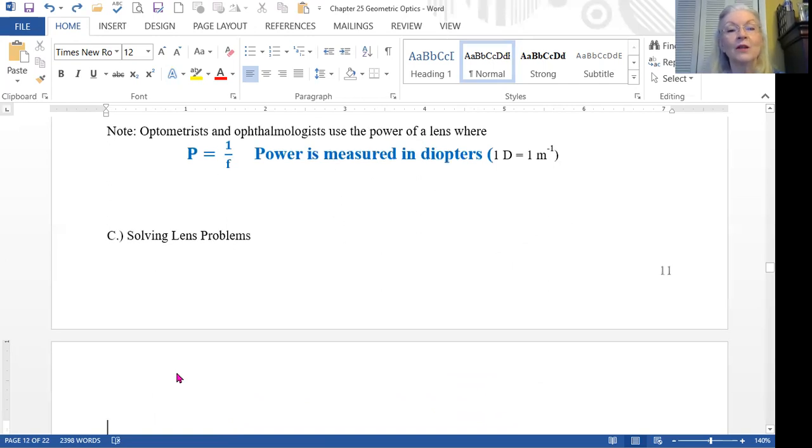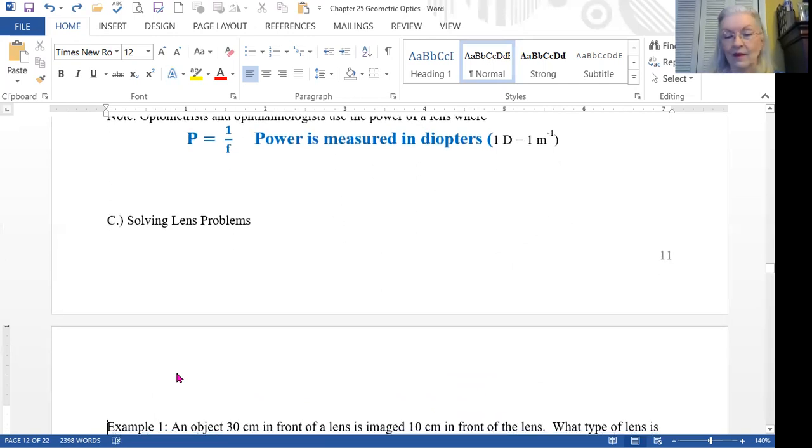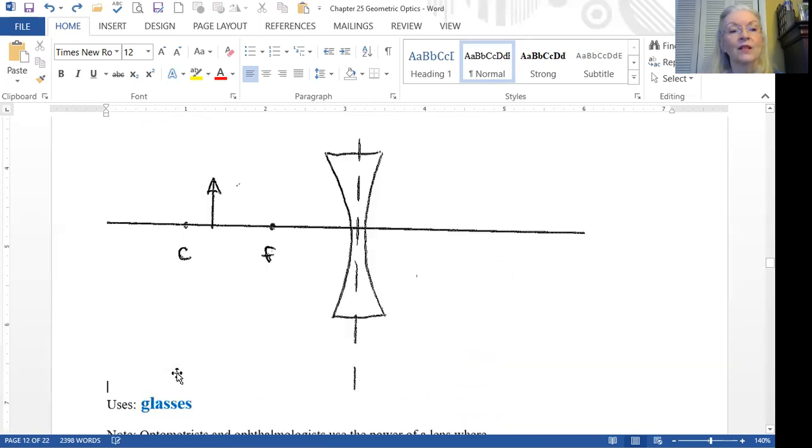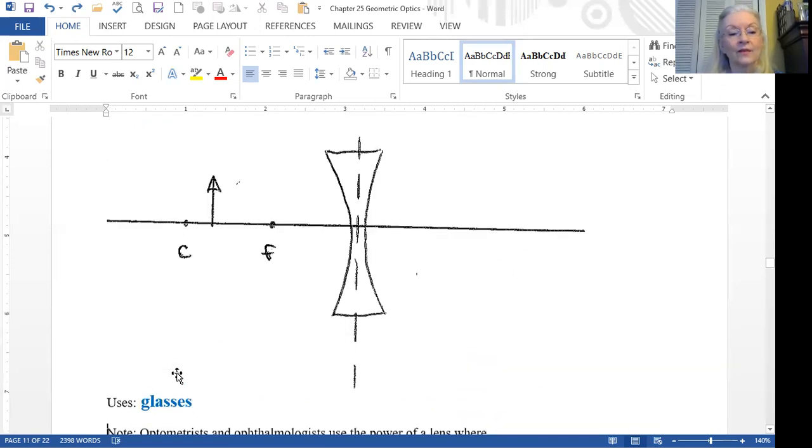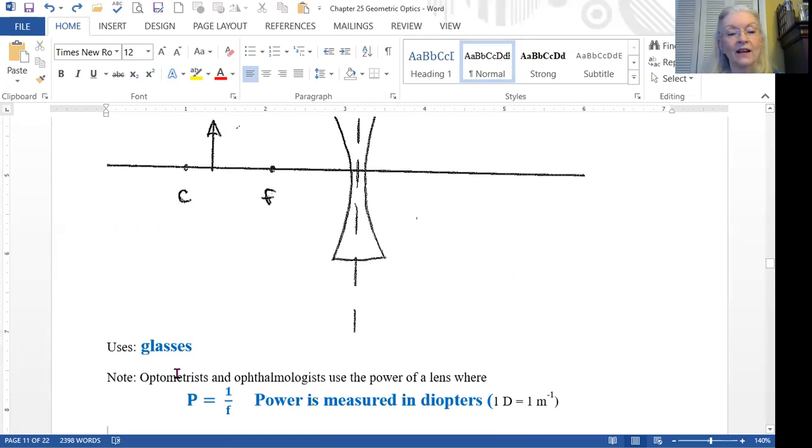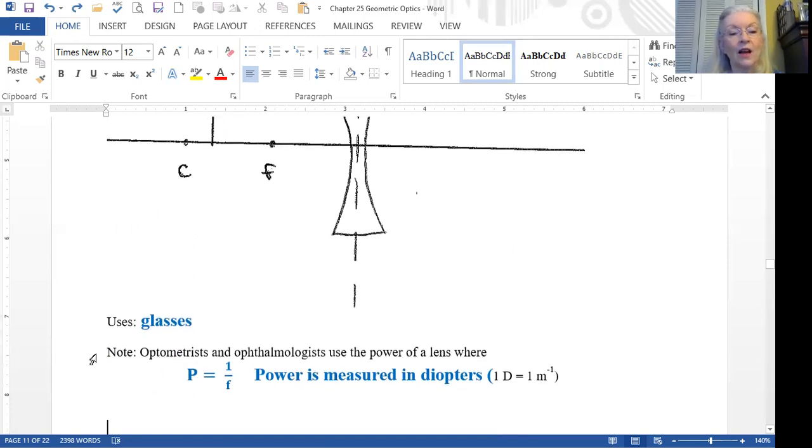An optometrist and ophthalmologist, when they write your prescription for your eyeglasses, will talk about the power of the lens. Power is defined as 1 divided by the focal length, where your focal length is measured in meters.